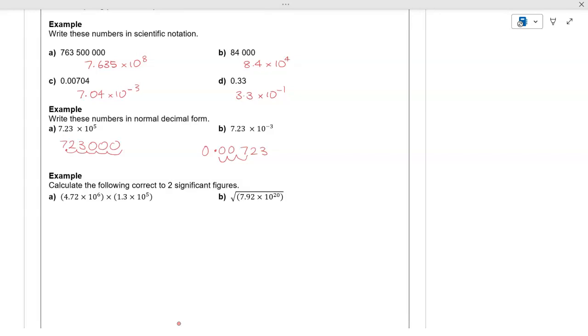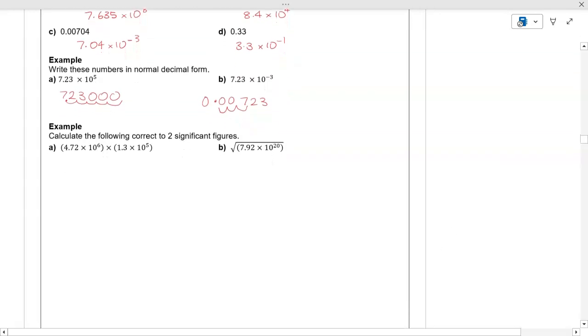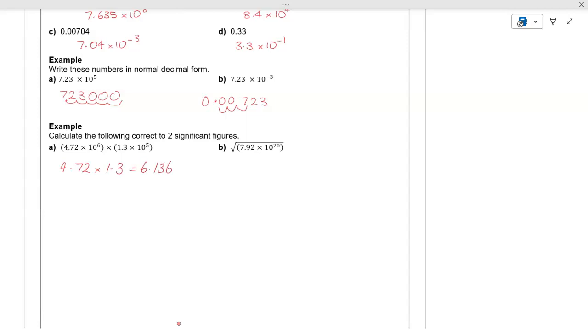Now the last example here is calculating correct to 2 significant figures. You can type this straight into your calculator, or you can work it out longhand. If we've got 2 sets of brackets multiplied together, it's 4.72 times 1.3, and that would give us 6.136. That's already a number between 1 and 10.